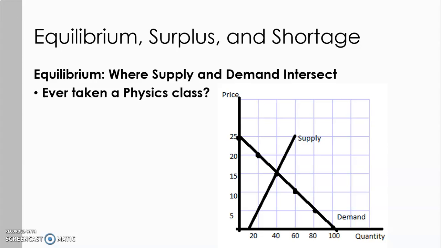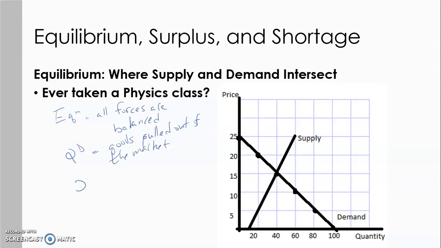Have you ever taken a physics class? Equilibrium is where all forces are balanced. So think of quantity demanded as goods pulled out of the market, and think of quantity supplied as goods pushed into the market.